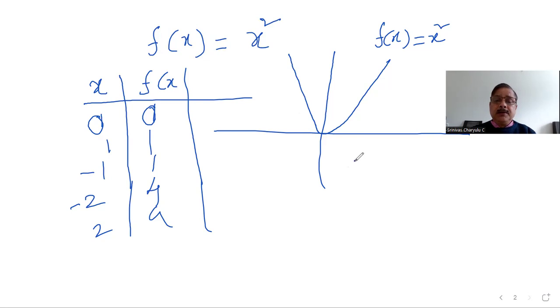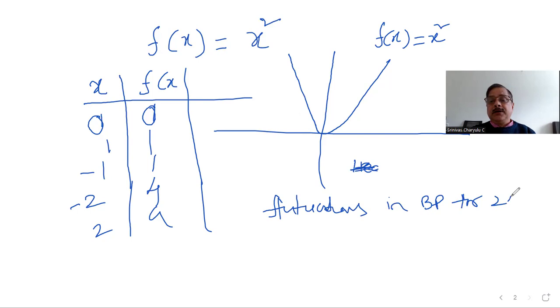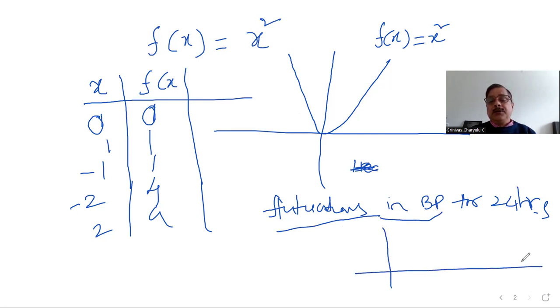See, for example, I want to know the fluctuations in blood pressure throughout 24 hours for someone in the hospital. I want a 24 hour record of fluctuations in BP. So this is a continuous curve. If you want to draw it, you can put the 24 hours of time on the x-axis and BP on the y-axis.